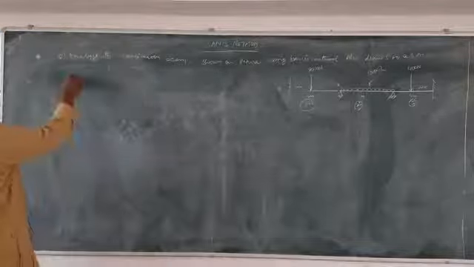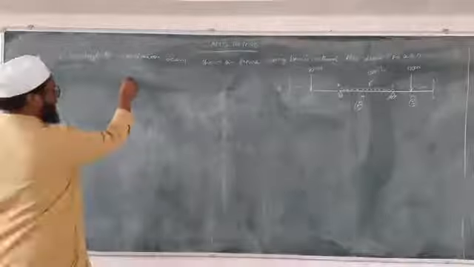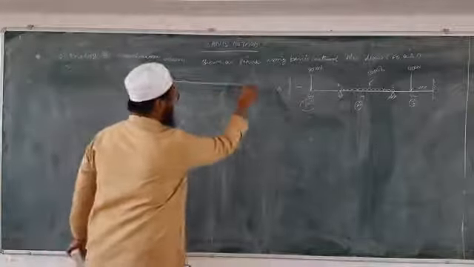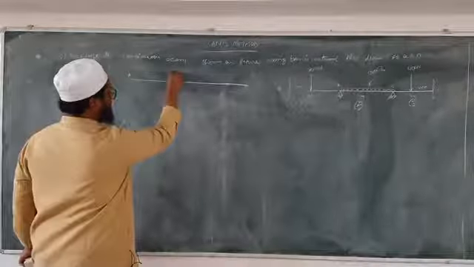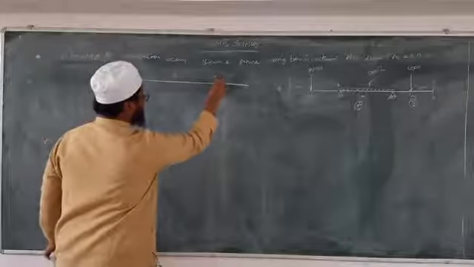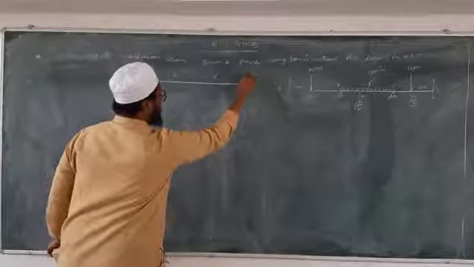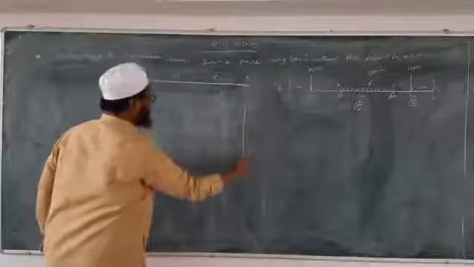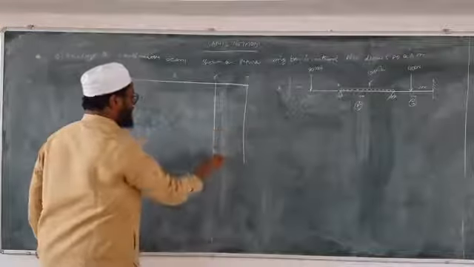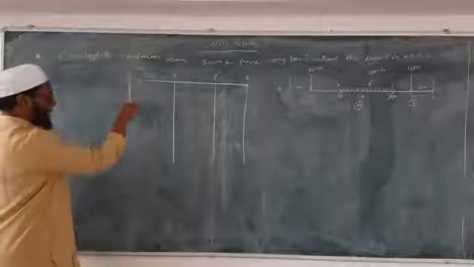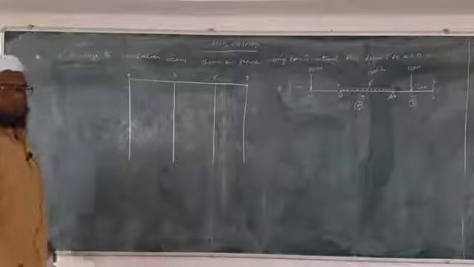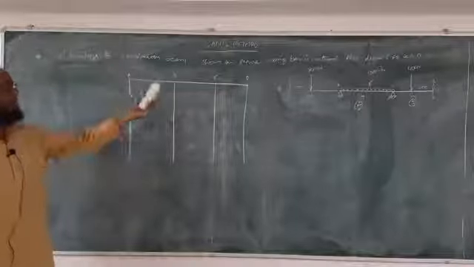So again, what I will do, see here we have points A, B, C and D. So what is the fixed end moment for AB?